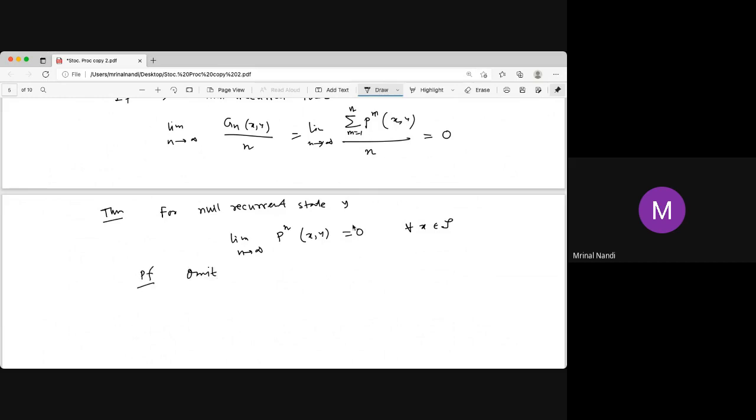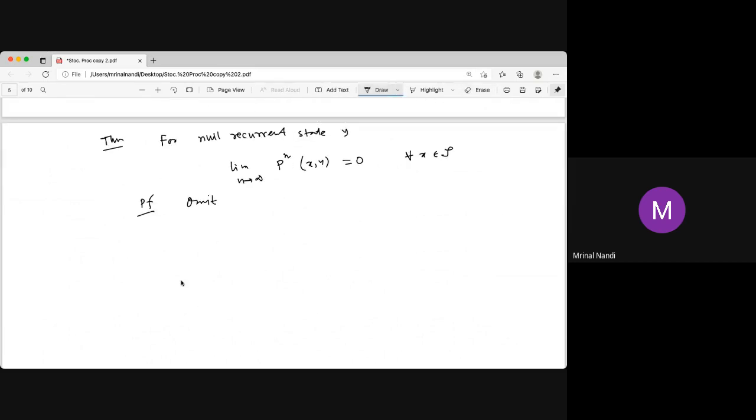So why is this a stronger result? Because of a result from real analysis: if some sequence a_n tends to 0, or tends to L, as n tends to infinity, then the Cesaro sum, (a_1 + a_2 + ... + a_n) divided by n, also tends to 0.